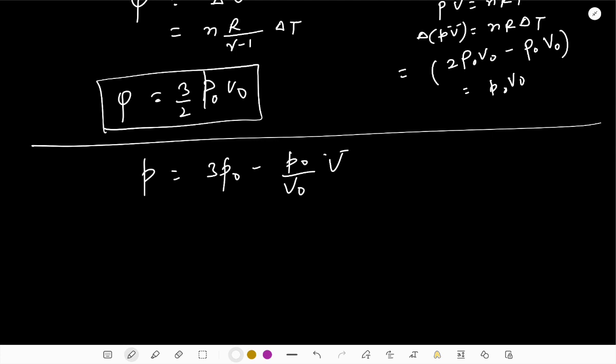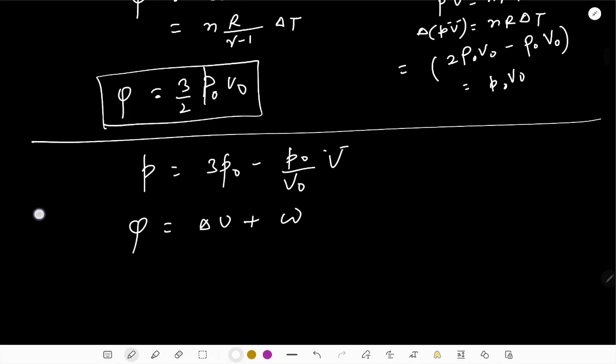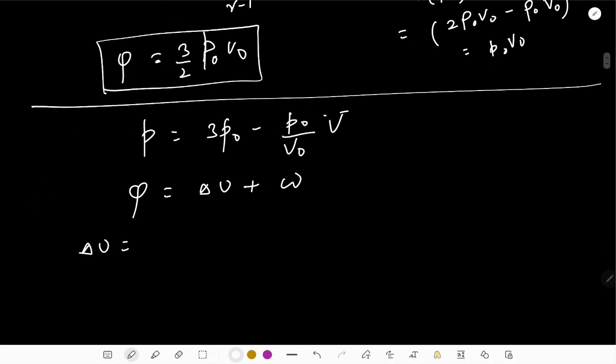So Q is simply delta U plus W. I am going to find delta U first, and this is as usual nR by gamma minus 1, which is 3 by 2 R delta T, and this will be equal to 3 by 2 delta PV.